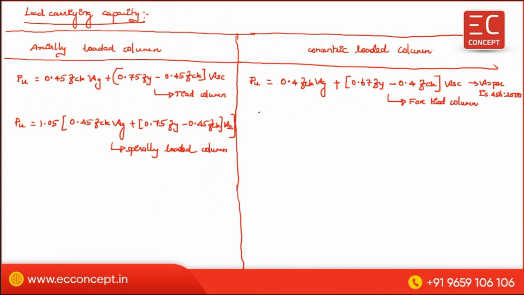But this value is equal to 0.4 fck Ac, the area of concrete. This is Ag, the gross cross-section area. This is the area of concrete only, so we have to subtract the steel here: 0.67 fy As. Ac means the area of concrete, which is equal to the gross area minus the area of steel.